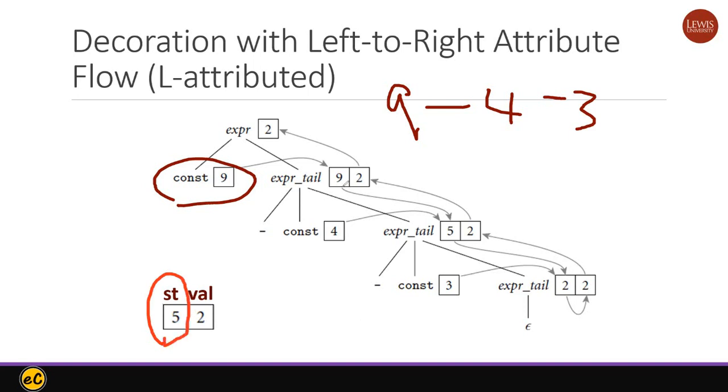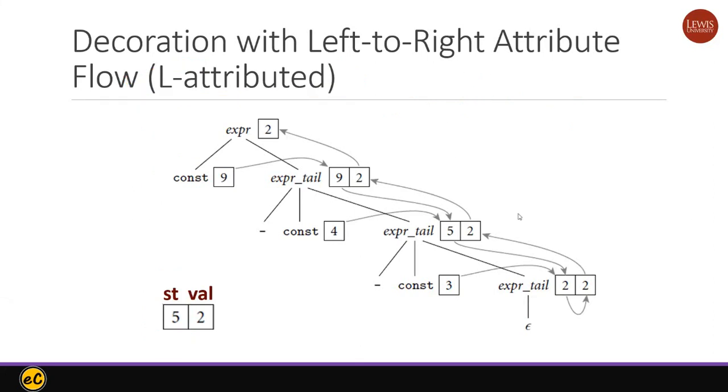This is called L attribute. So your same parse tree can be decorated with S attribute or L attribute. If you decorate it with L attribute, it's something like this. Is that okay? Does that make sense? Any question?